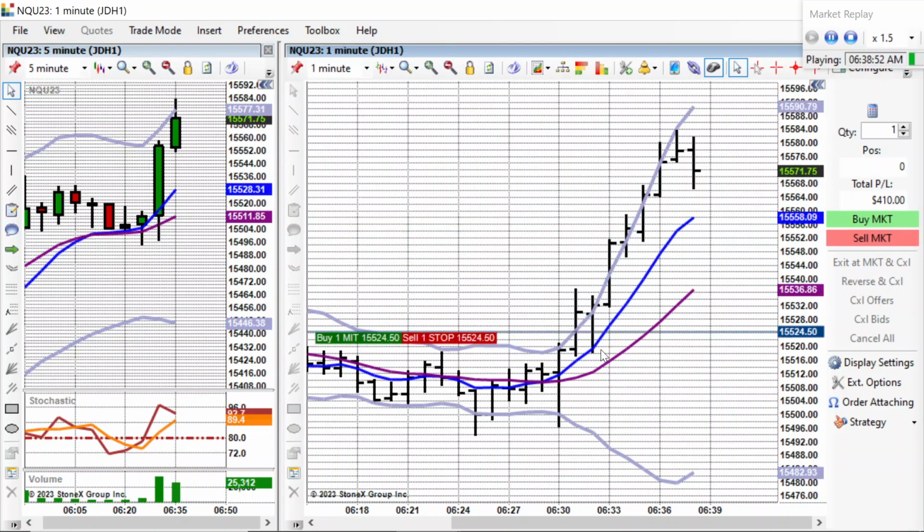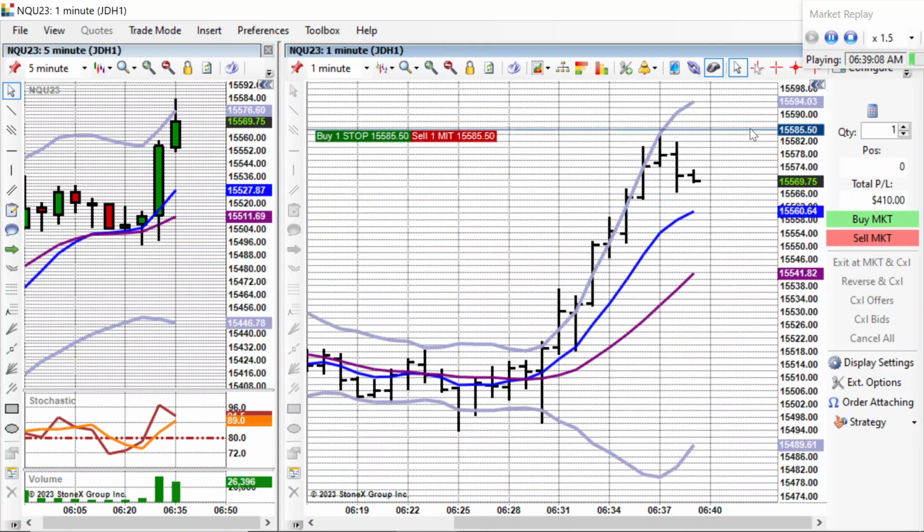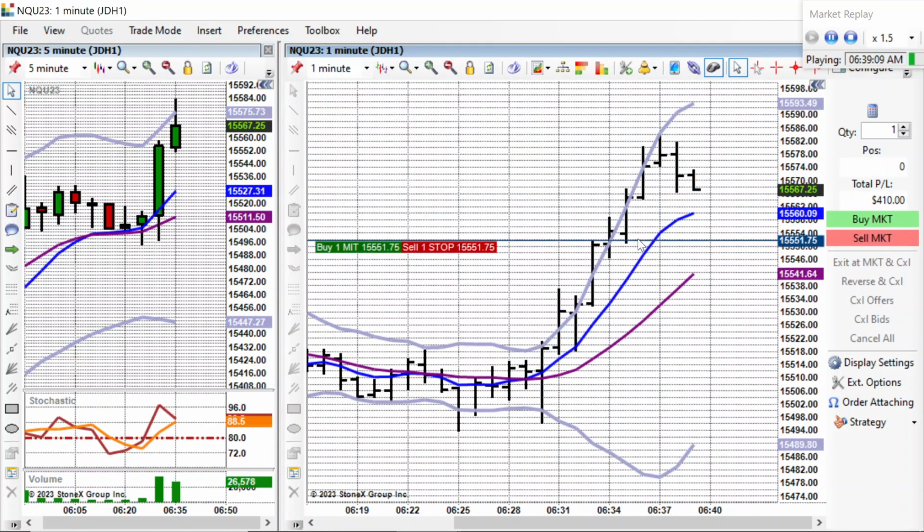I want to wait for this kind of pattern where we're seeing, see the start of this, how it looked like it's angling away like an alligator mouth opening. But when it's starting to angle inward, that's a sign of possible trend change. And I don't want to be trading in the trend at that point.